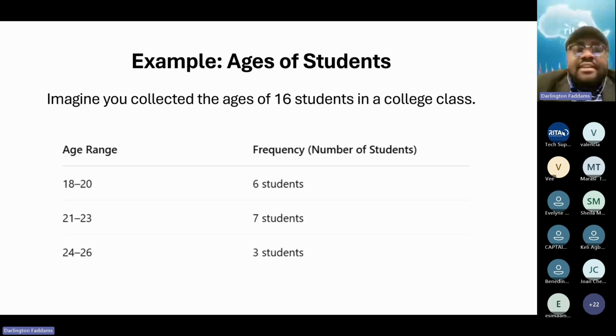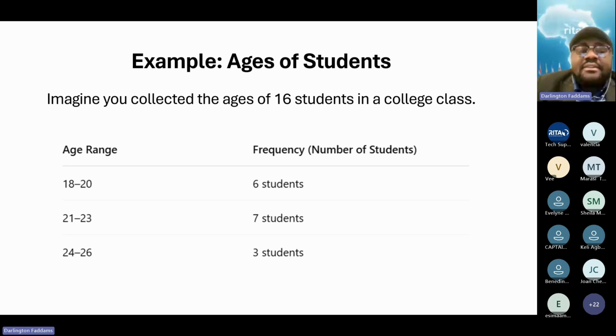So over here, we have converted the same data into this particular form. We want to know how many students are between 18 and 20. And you can see that we have 6 students. How many students are between 21 and 23?